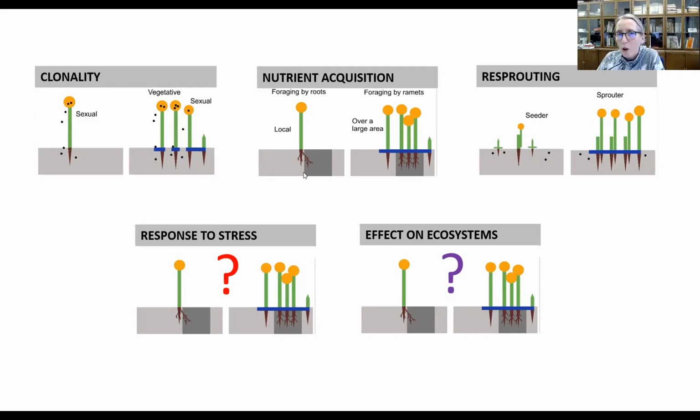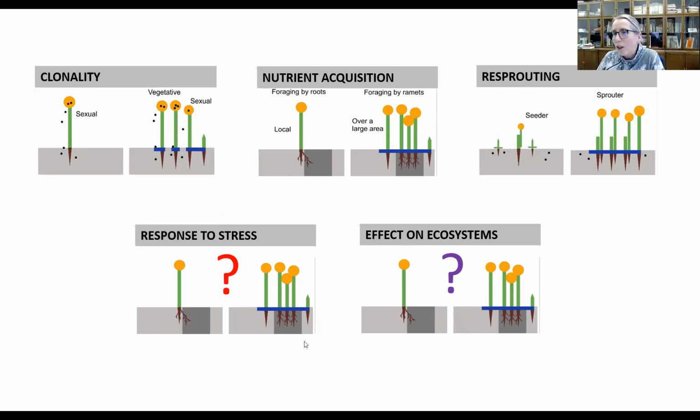Yes, a non-clonal plant may forage by roots, but clonal plants, as they grow horizontally, may forage by these horizontal structures like rhizomes, stolons, or horizontal roots as well, or respond to disturbance. So they may be seeders, regenerating only from seeds, or they are sprouters, and rely on a bud bank.